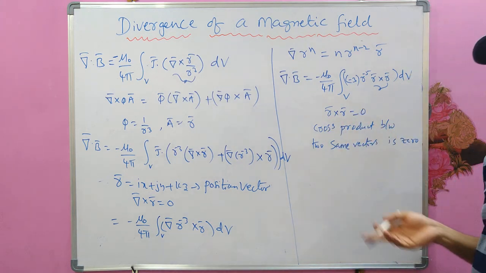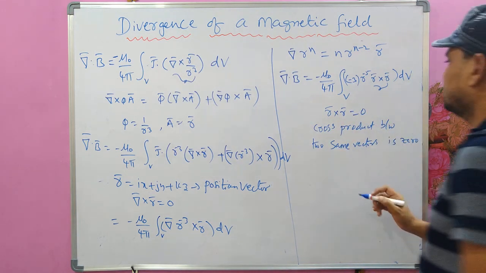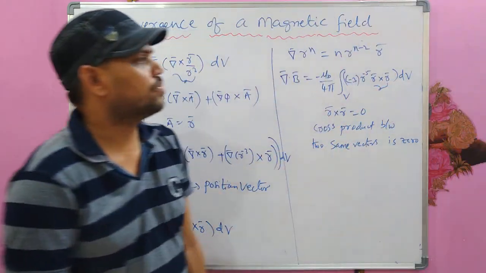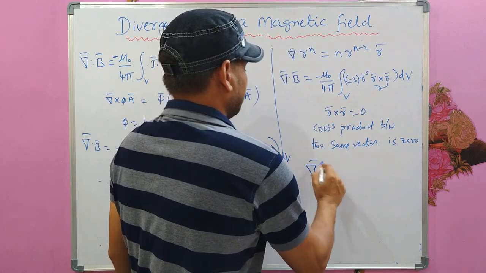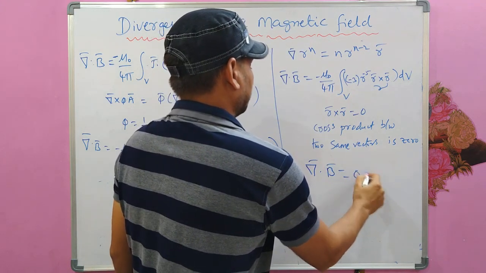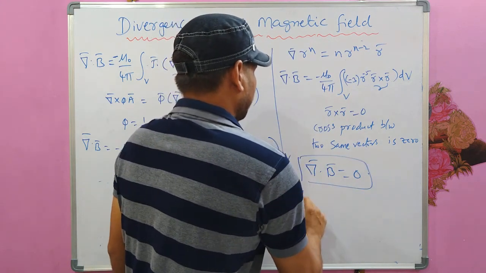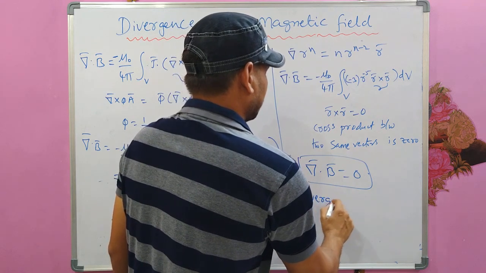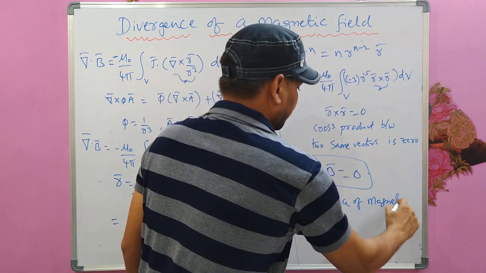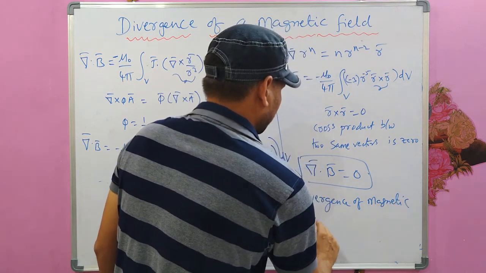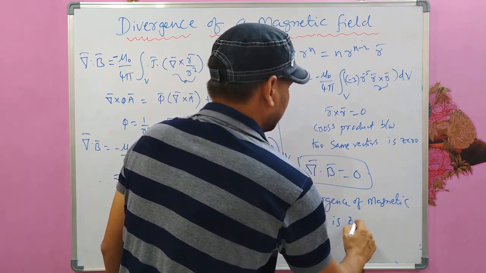R sine 0 will be 0. So if this is 0, what is the answer for the right side? It will be 0. Divergence of magnetic field is 0.